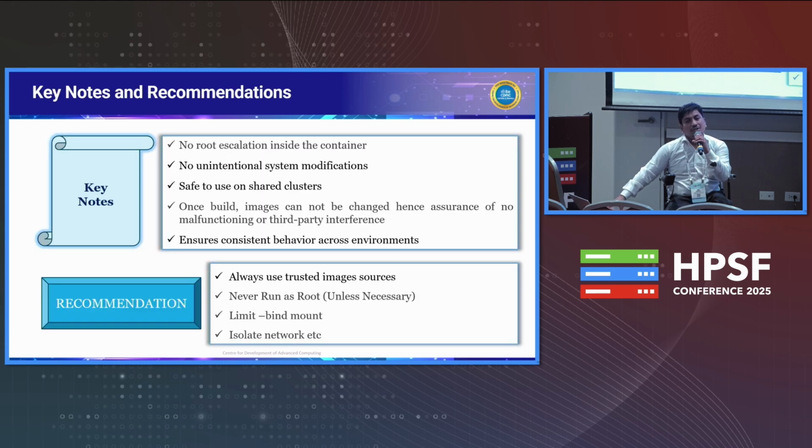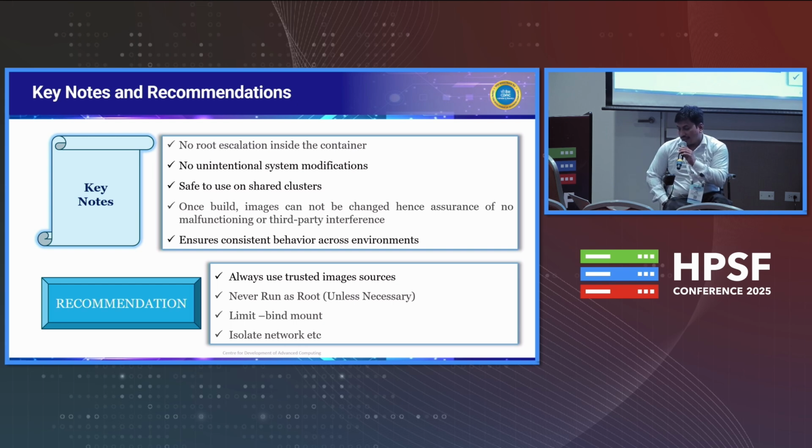The initial challenges are with respect to environment setup and binding of your image. If we cater to those things, it can certainly be a good option for deploying applications on the systems. A key note from these explorations is that it doesn't require root escalation, so from the user perspective, especially in a shared scenario, that can be a good option.